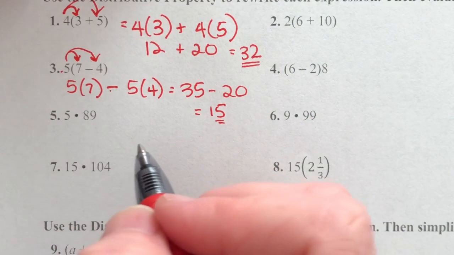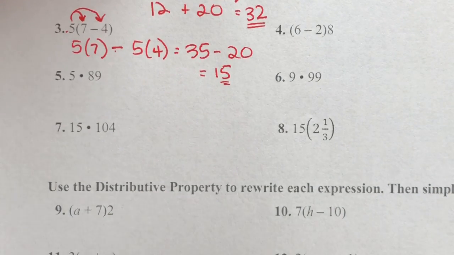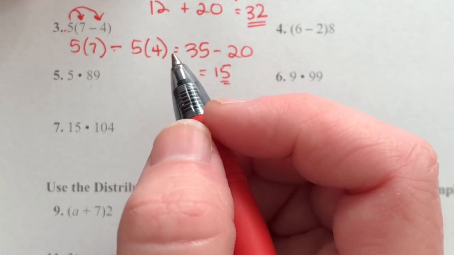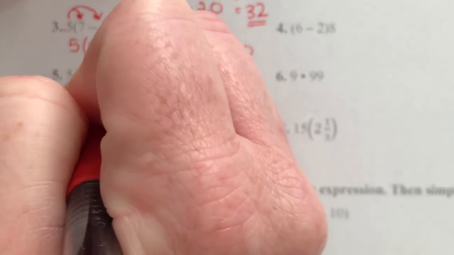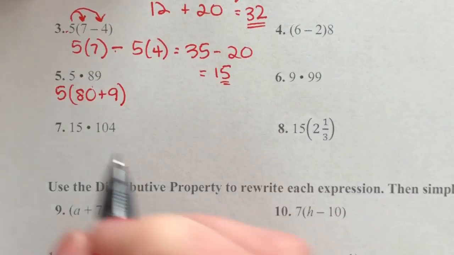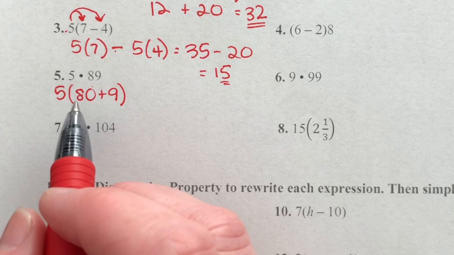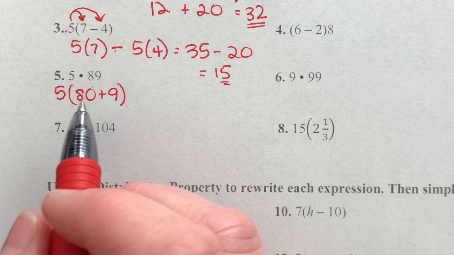Then I have 5 times 89. And what are we supposed to do here, right? Nothing is in parentheses. What they want you to do is separate 89 into 80 plus 9. So you're supposed to be doing 5 times (80 plus 9). Because mental math, it's easier to multiply 5 times 80. That's 400, because 5 times 8 is 40. Just put a 0 on the end.